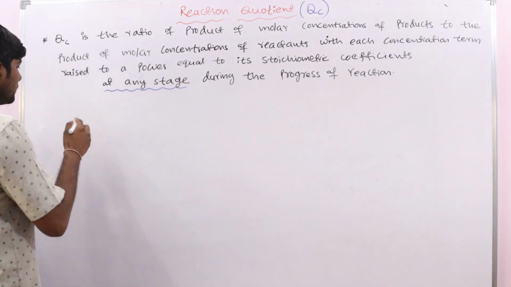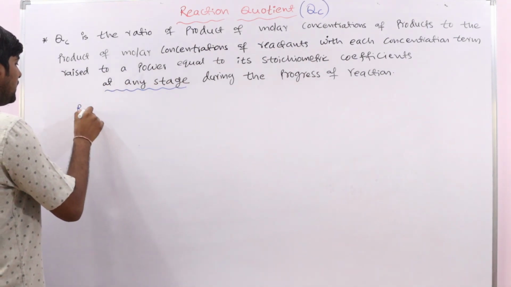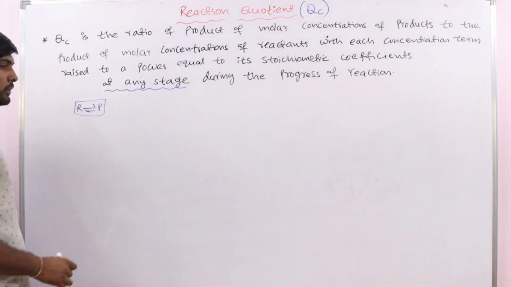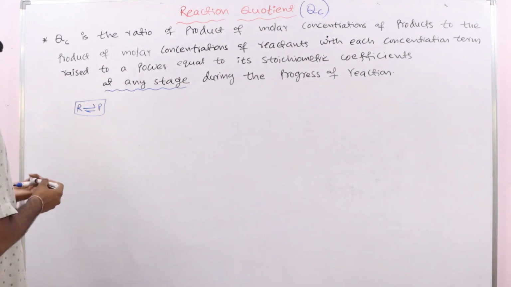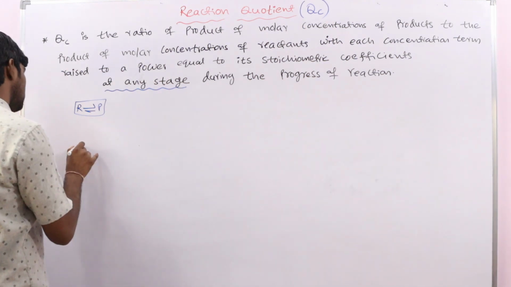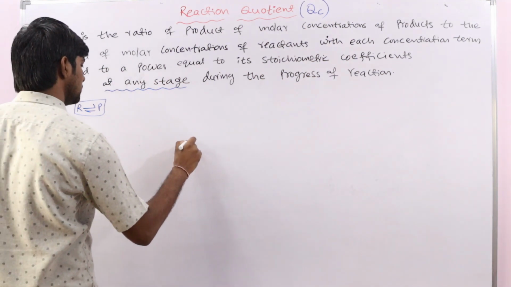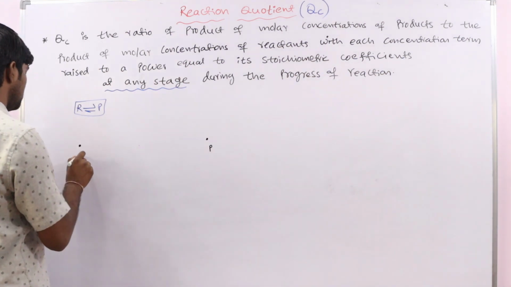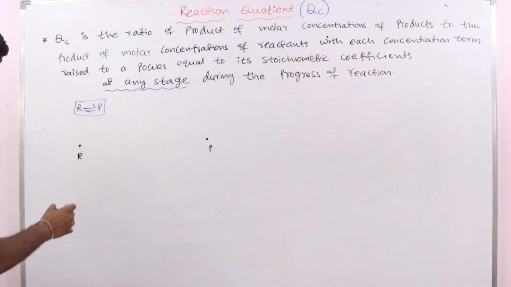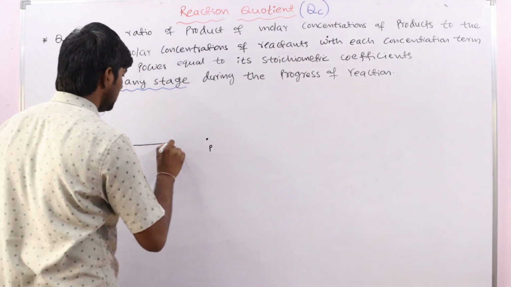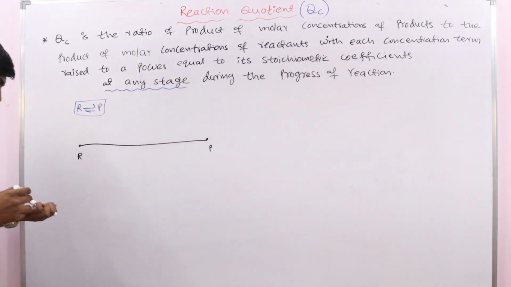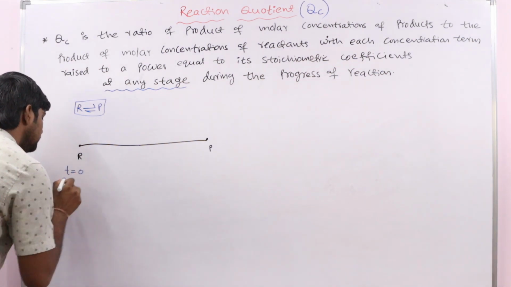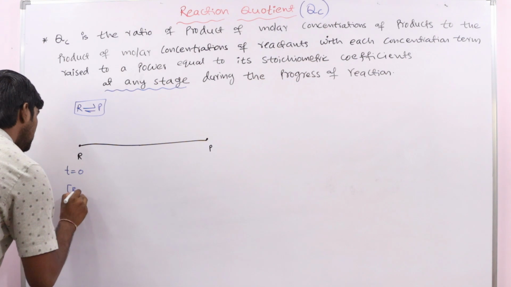For example, let us consider a reaction, reactant giving product. So here we have reactants, and reactants are converted to product. At time t equal to 0 we have only reactants.